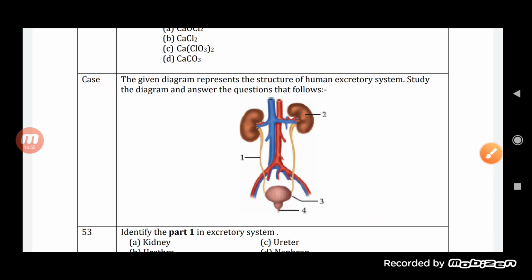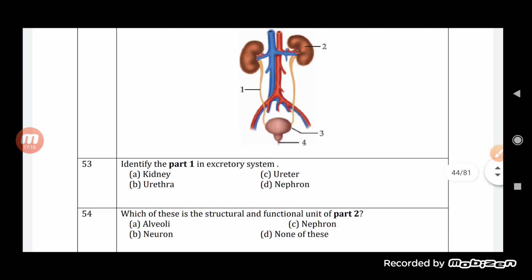Now here a diagram is given. It is a diagram of the human excretory system. We have to study the diagram and answer the questions given here. Identify part 1 in the excretory system. Kidney, urethra, ureter and nephron are the options.